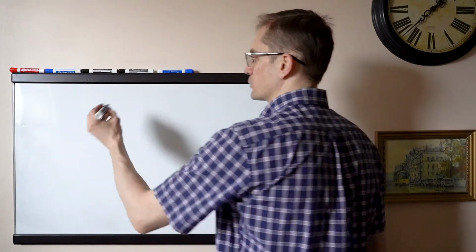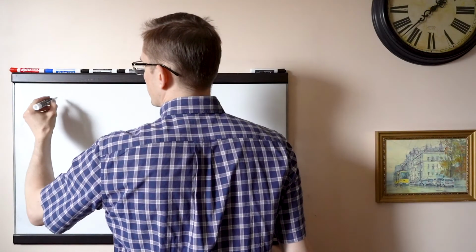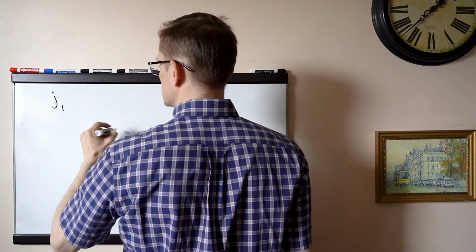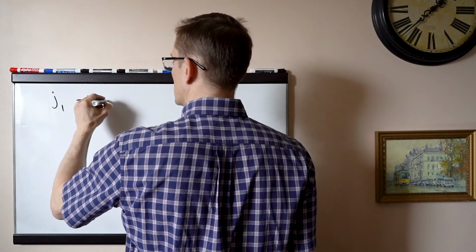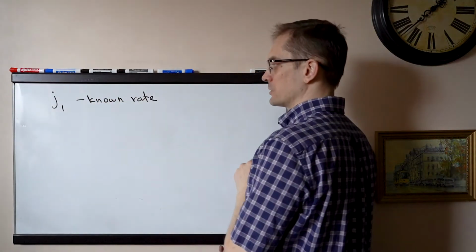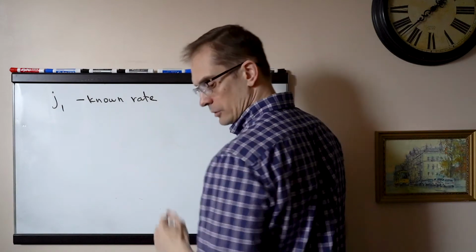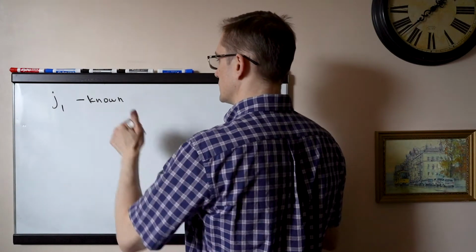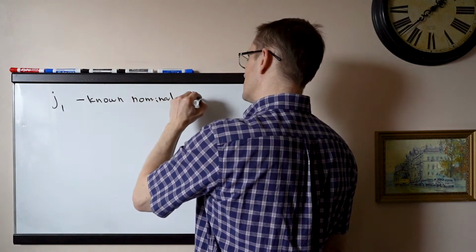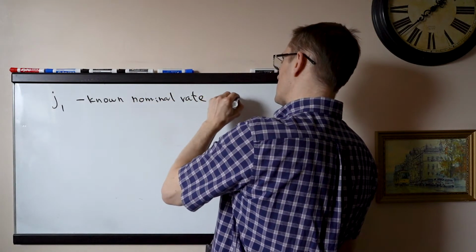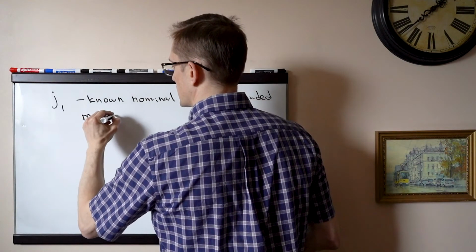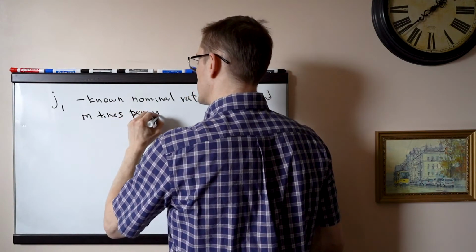Okay, so we now have some rate. Let's call this first rate J1. So it's a known rate J1, a known nominal rate compounded M1 times per year.